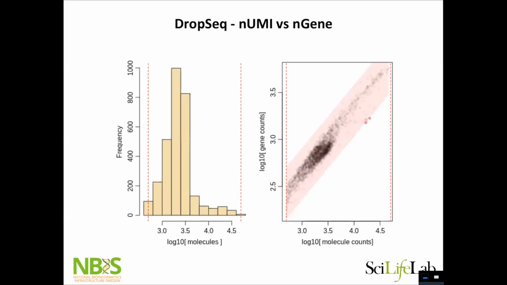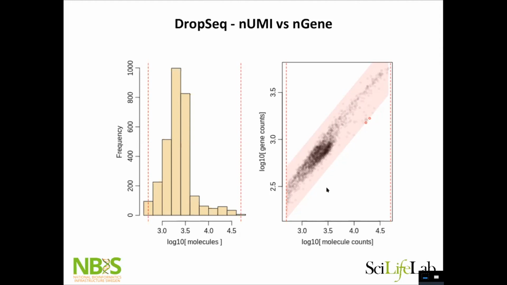And in drop-seq data or 10x data, something that a lot of people are using, on one part just looking at number of molecules, sort of cutting at both ends, but actually plotting number of molecules versus number of genes. And if you have a lot of points down here in this region, there are a lot of UMIs, but still very few genes.